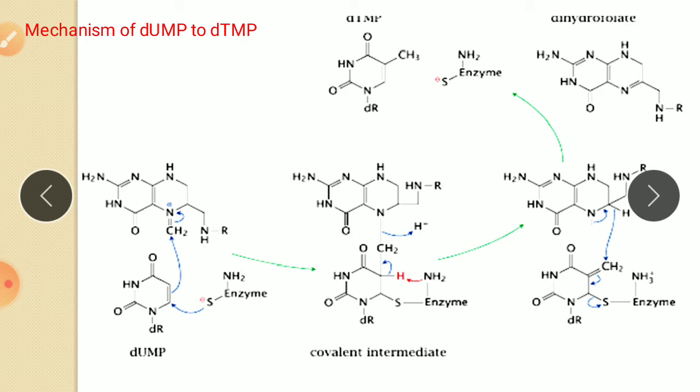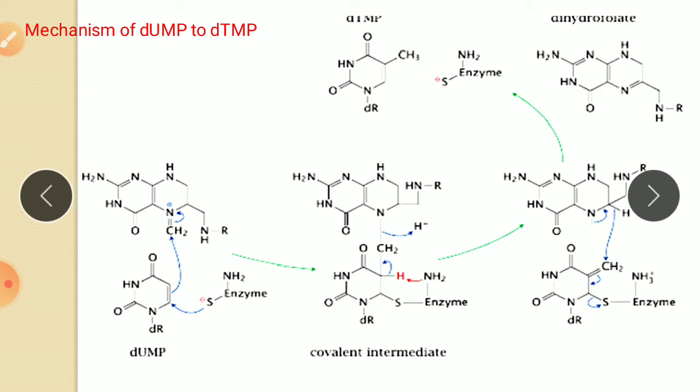Then the important step: H is removed from this, N minus is converted into a double bond, then this H is transferred here and becomes CH3, and this pi bond is transferred to this ring. So it forms three products: the free enzyme, a side product called dihydrofolate, which comes from tetrahydrofolate, and the final product, dTMP, thymidine monophosphate.